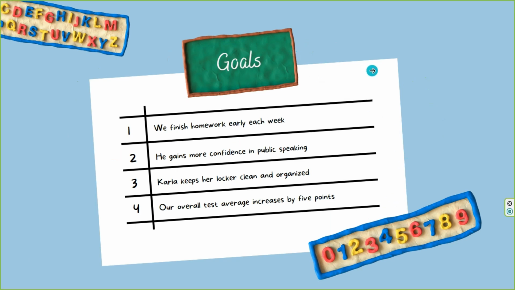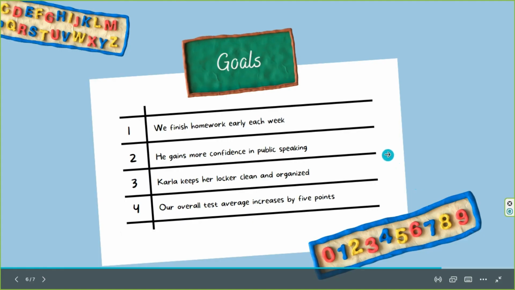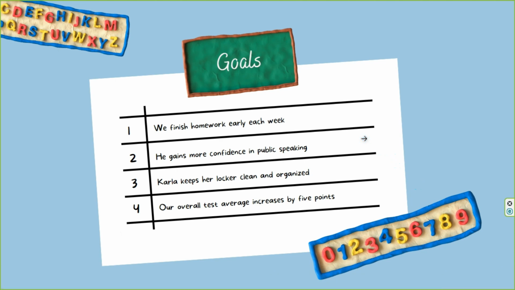Now, the goals. We're going to take a look into these sentences and I want you to repeat them after me. Okay? First, I am going to read it and then you read it by yourself. We finish homework early this week. He gains more confidence in public speaking.